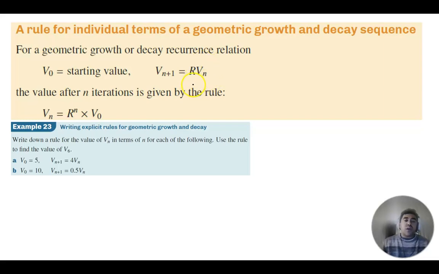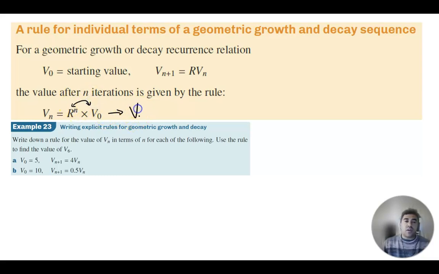If I want to write this in rule format, same thing applies. V of n, always starts with a v of n, is equal to, and we take what our multiplicative factor is, what is being multiplied by, raise this to a power n, and multiply this by the initial amount v of 0. Now you can also write this in a different position.